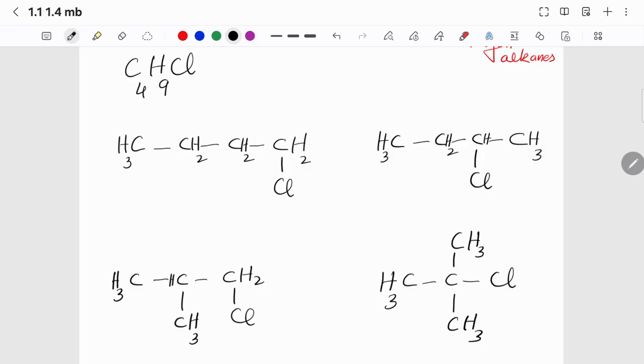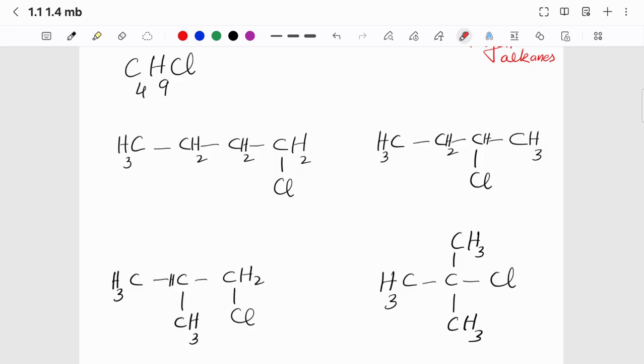I hope you have understood how I attach different hydrogen with it, because we have to complete the valency of 4 for each carbon. We have to make the 4 bonds for each carbon. So I look at the covalent bonds directly attached with that carbon atom, subtract that from 4, and attach that number of hydrogens. For example, here this carbon has only 2 covalent bonds, so I attach 2 hydrogen here, making 4 covalent bonds in total.